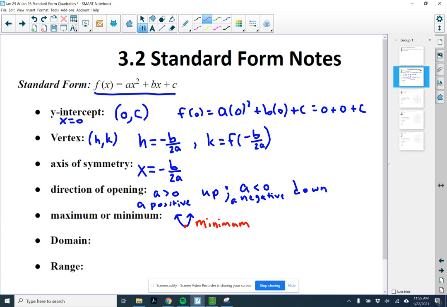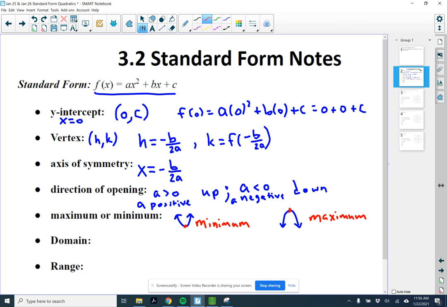So if our parabola opens upward, we have a minimum value of our function. If our parabola opens downward, in other words, if a is negative, notice where our vertex is. It is now a high point. High points are called maximums.